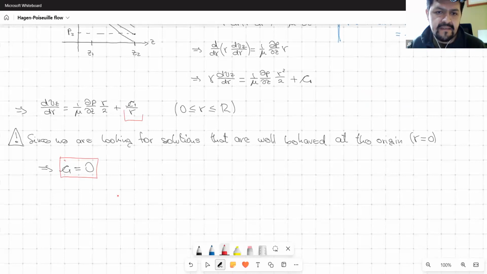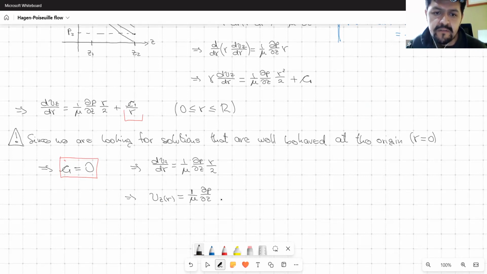That being the case means that our differential equation is now this. It's just 1 over mu, the partial, times r over 2. So the final integration gives us the solution we're looking for: V_z equals 1 over mu, the partial with respect to z, r squared over 4, plus a new constant we can call C2.